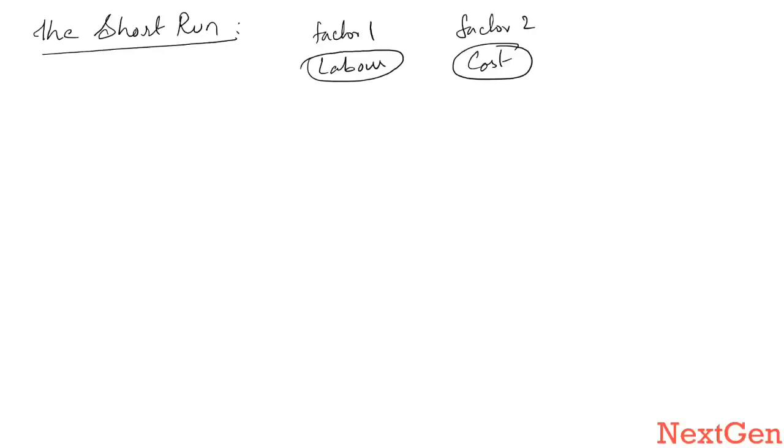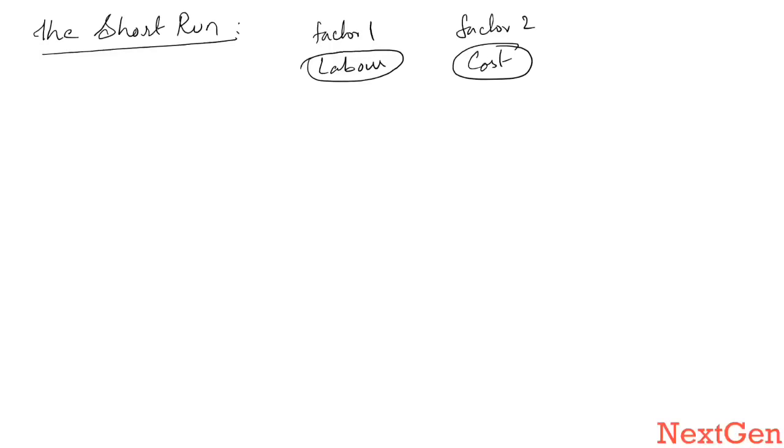The short run. Suppose we have two factors of input, which are labor and capital. In the short run, one of them has to remain fixed and only one can be variable. Suppose labor is fixed and capital is variable; labor will be termed a fixed input and capital will be termed a variable input, or vice versa.